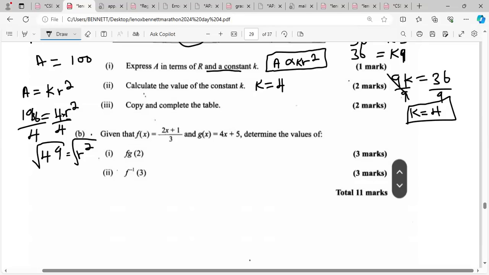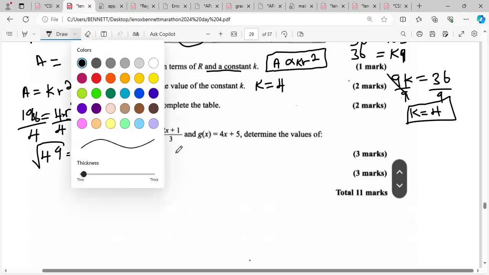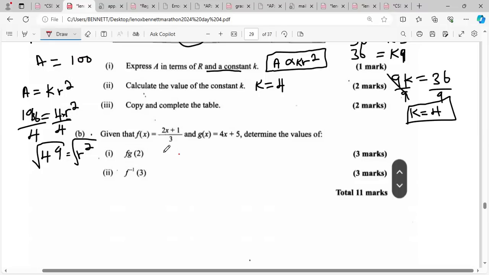Right, so we have some space before we go. Guys, when we combine the functions, I'm going to color code it. I'm going to put f in red, so that's 2x plus 1 over 3.